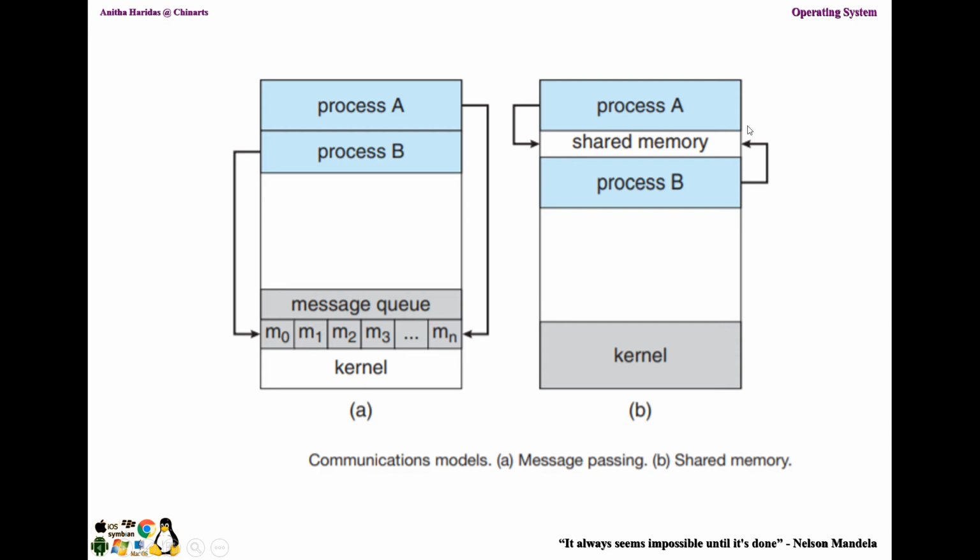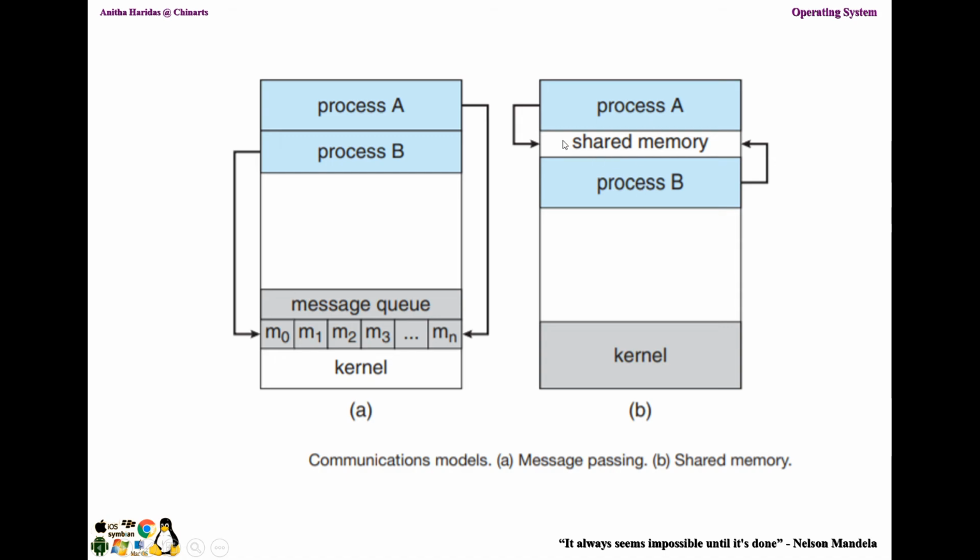This is a region of memory in which you are going to store the information and data, and this information and data that you are going to store in this region can be accessed and manipulated by process A as well as by process B. This is what you call as shared memory. For example, let us assume that you have a file.